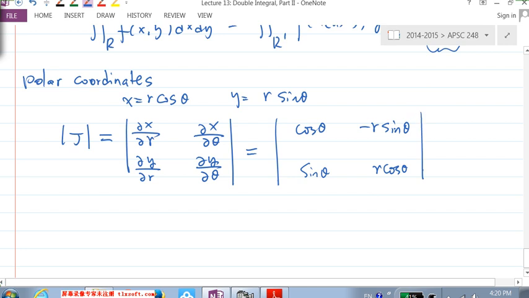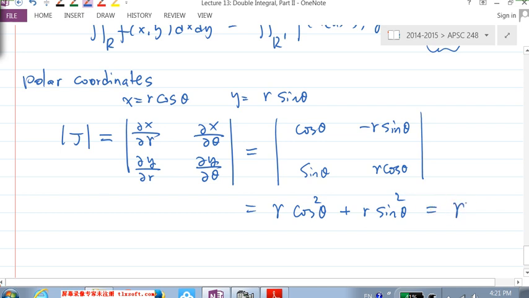Okay, so that's the matrix. Calculate the determinant: cos theta times r cos theta minus this times this. Guess what we get? Did you get this, right? This is equal to r.